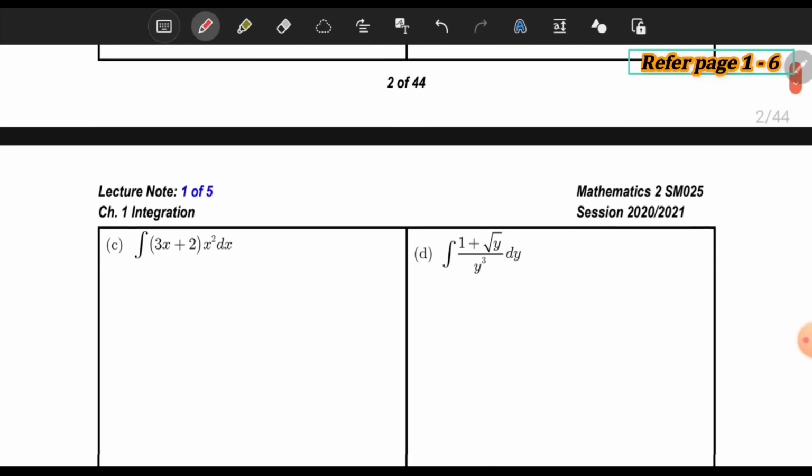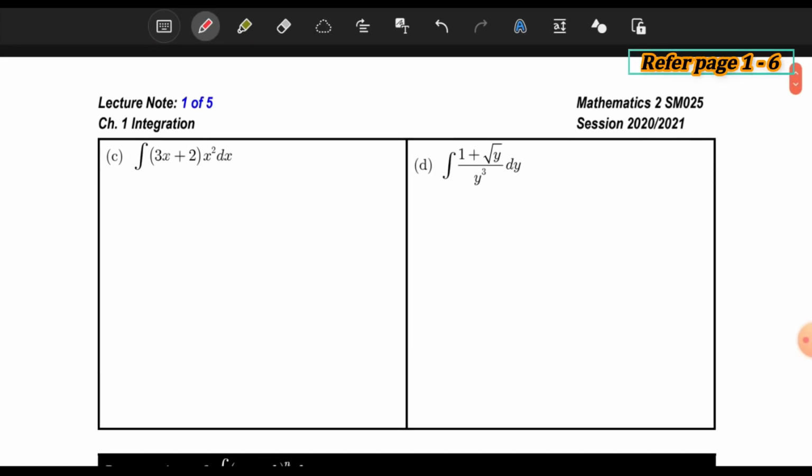Part C. Integrate (3x plus 2) times x squared. We have multiplication form here. And for integration, the most important word is simplify. So we need to simplify every question.